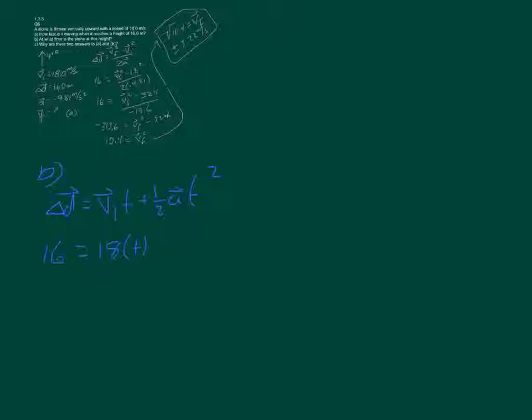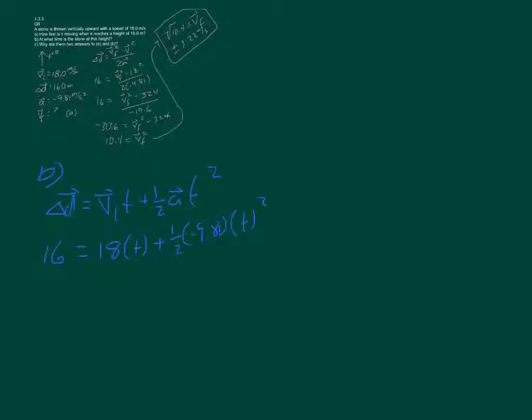Ooh, this is messy. I just realized that. 1/2 negative 9.81 times t squared. We'd have to go quadratic formula to do this. And we don't want to do that if we don't have to. So can we attack this from a different way? What's another formula we could use?